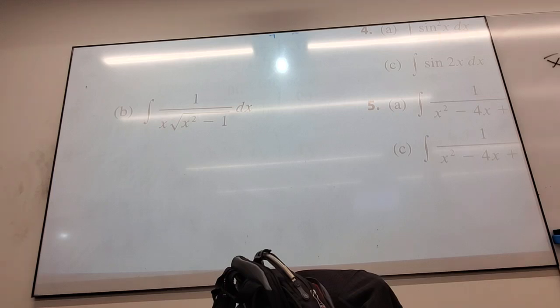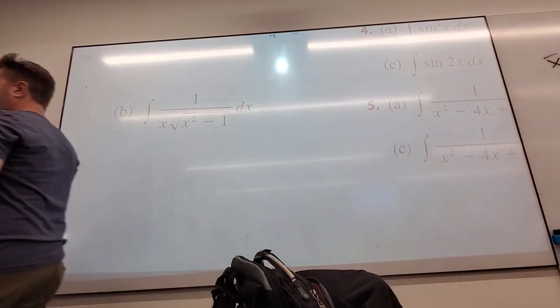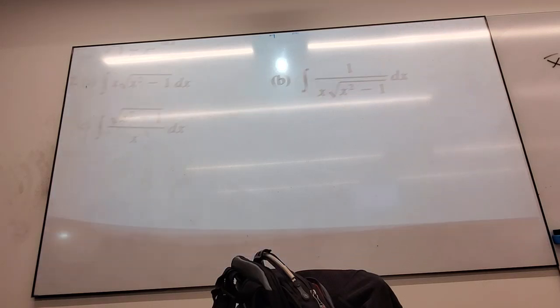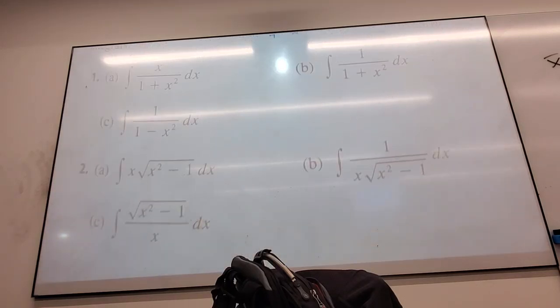But like I said, this is great practice for the test. So the first skill you have to have is to identify what type of integral it is. I want to look at a couple of the first ones, because they're kind of perfect for this. Look at these two here.